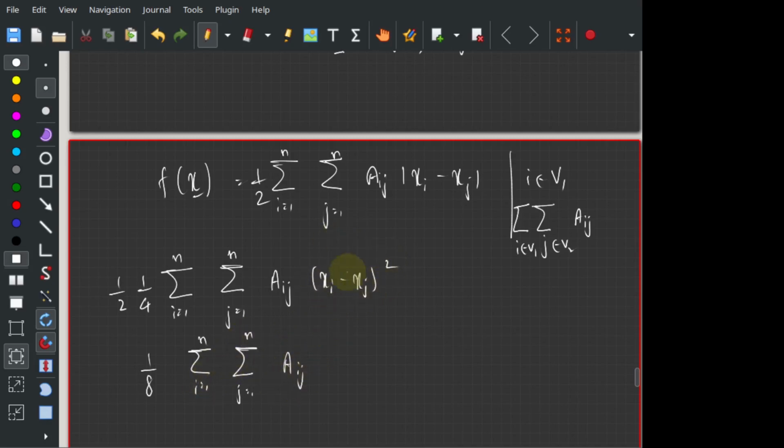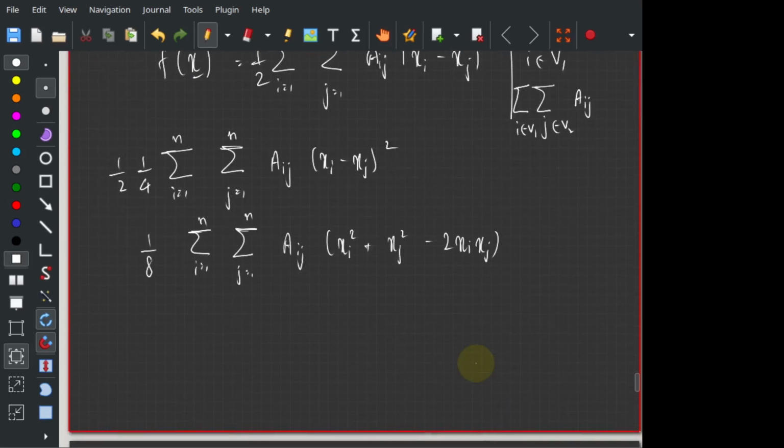I'll expand this out. xi square plus xj square minus 2 xi xj. But what is xi square and what is xj square going to be equal to? It's always 1, because xi is either plus 1 or minus 1, and the same holds for xj.